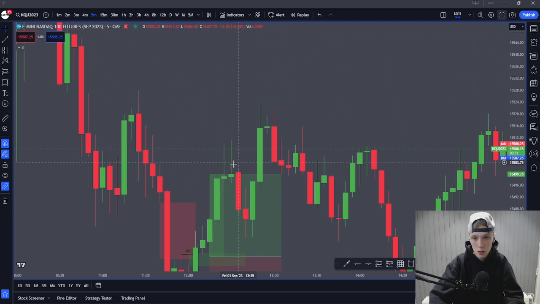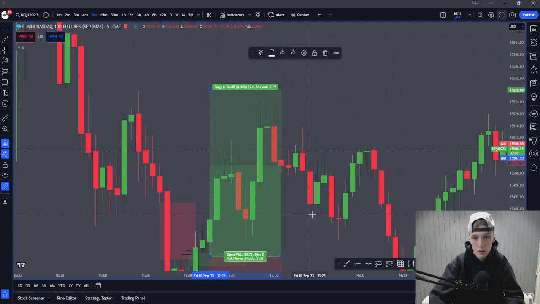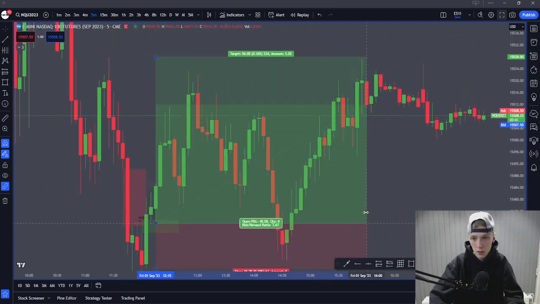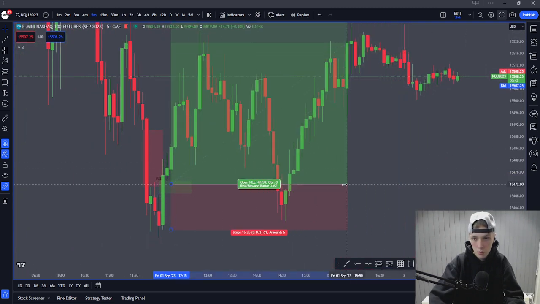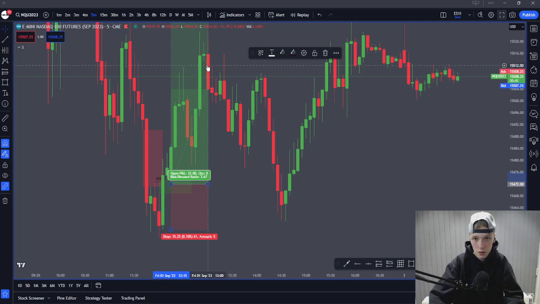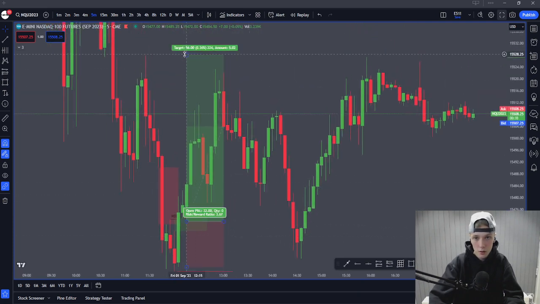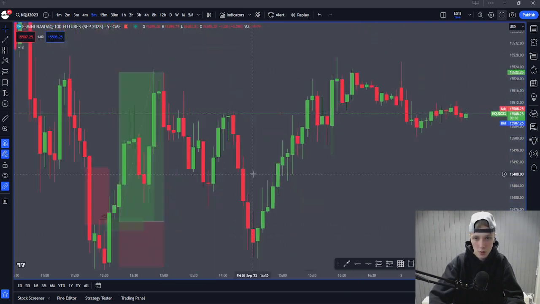Stop below this. You're aiming for this high right here, right? It's going to be a long trade. Does it ever get tapped into? No, it doesn't. You probably just kill the trade like right here at this candle. But like 200 ticks, right? That's more than enough.